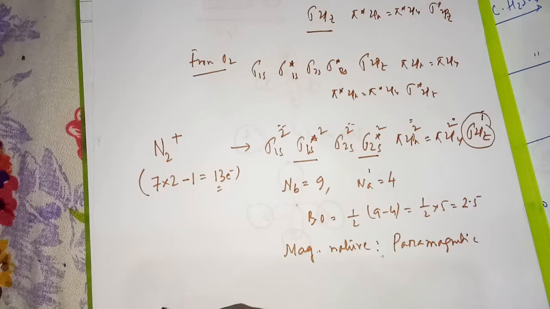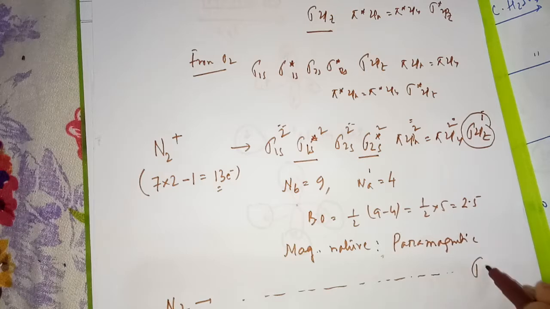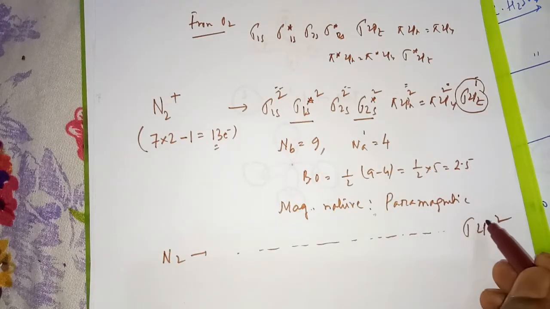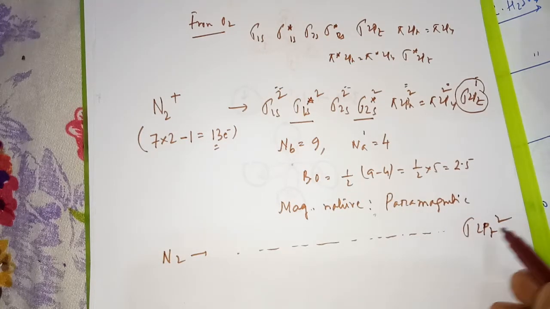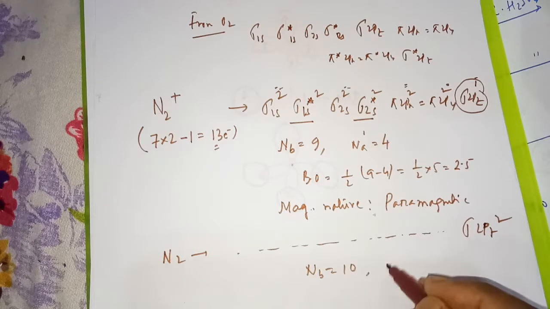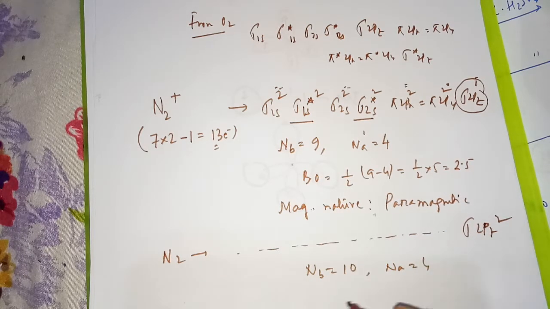Now similarly, if I write the electronic configuration of N2, everything will be the same, but in the last one, sigma 2pz has 2 electrons, because there are 14 electrons. So in that case your Nb becomes 10, Na becomes 4.